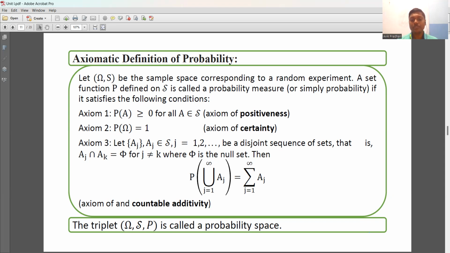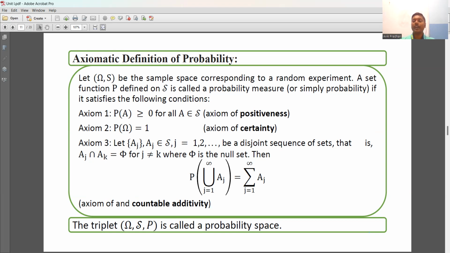Now we are in a position to define the probability of an event. If I consider the example of tossing a coin, we know that there is a 50% chance I'll get a head and a 50% chance of getting a tail. Now, this is the assignment of probability; that is not the definition of probability.